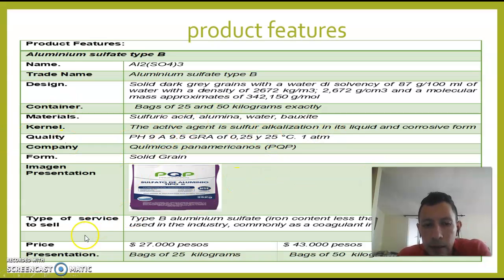The price is around 27 pesos or 43 pesos. Is correct.